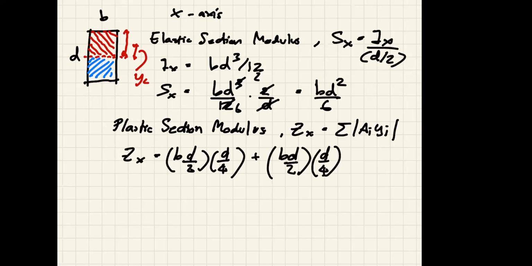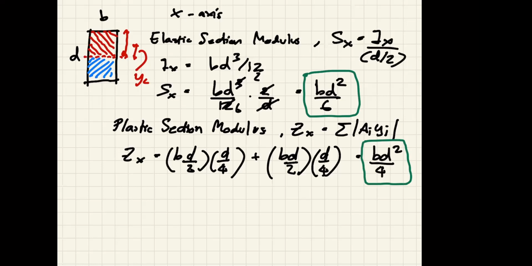Which means that in total you have BD squared over 8 plus BD squared over 8, so it is BD squared over 4. So these two formulas are the ones that you can always use. This is the elastic section modulus for any rectangle, and this is the plastic section modulus for any rectangle.